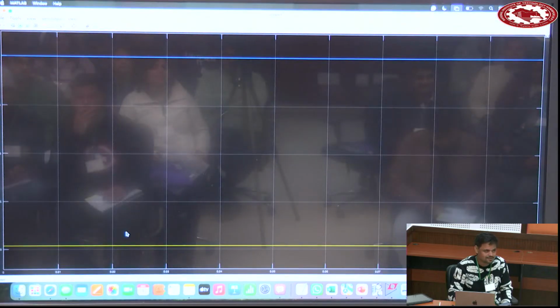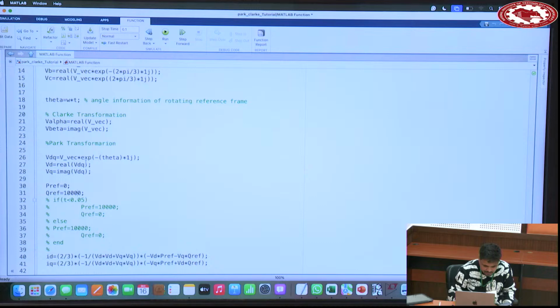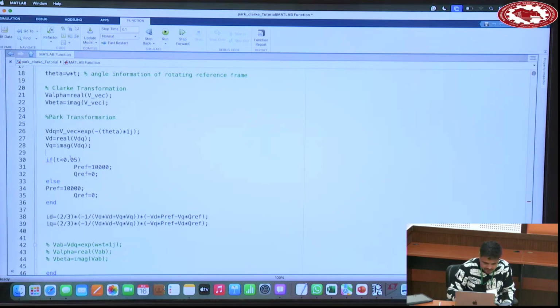Now Id becomes negative, and Iq becomes 0. I have written this if correctly. I don't know why this is coming.